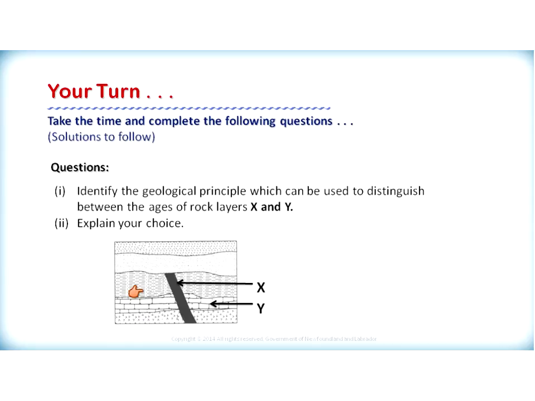Therefore, according to the law of cross-cutting, rock layer X would be younger than all 3 of the rock layers, including rock layer Y. So the geological principle that could be used to distinguish between the age of rock unit X and rock unit Y would be cross-cutting relationships.